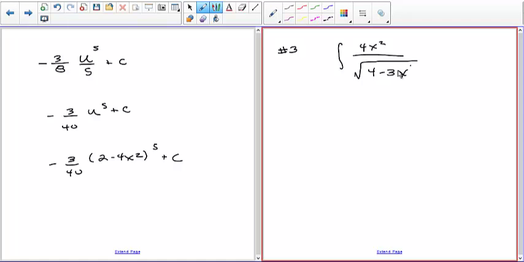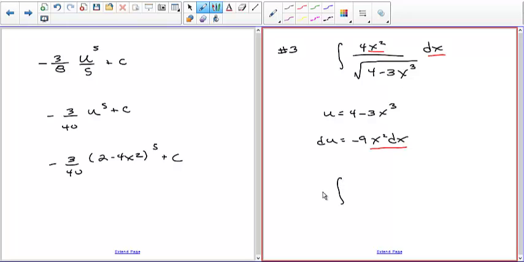Because we have something in the argument of the square root, we can choose that as u, like that. Okay, du is equal to -9x squared dx. And you can see I have x squared dx here, and I have x squared dx there.